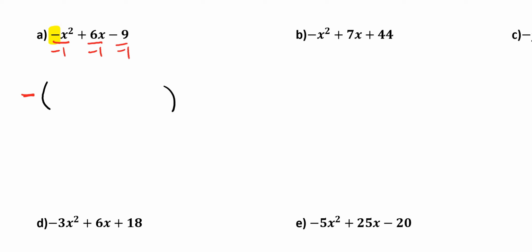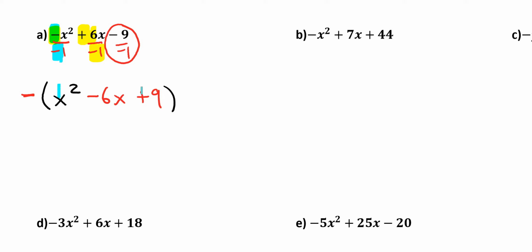And just ask yourself, what is this negative sign divided by that negative sign? Well, two negatives gives you a positive, so this will be x squared. And then positive 6 divided by -1 is going to be -6, so this would be -6x. And -9 divided by -1 is +9. So that's what happens when you factor out the negative sign.